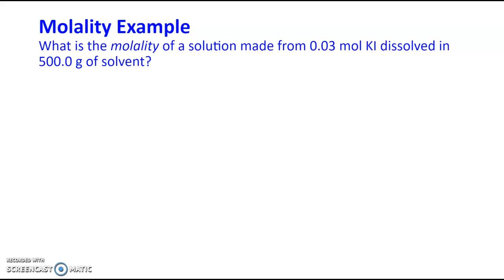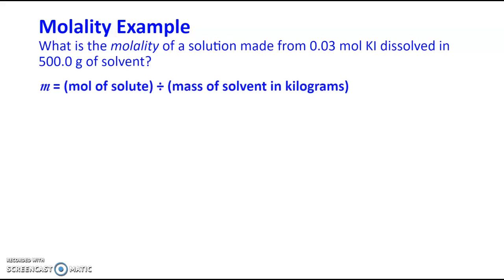Molality is a little bit different. So we're going to talk about a solution made with 0.03 moles of potassium iodide dissolved in 500 grams of solvent. So we need to remember that for molality, we have moles of solute divided by mass of solvent in kilograms.